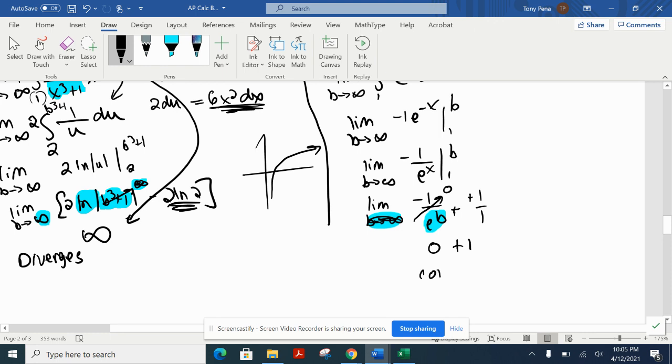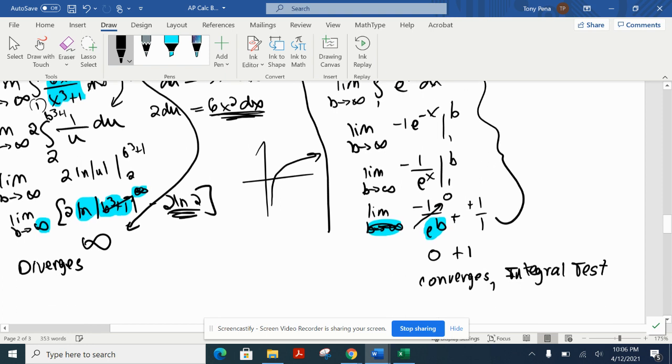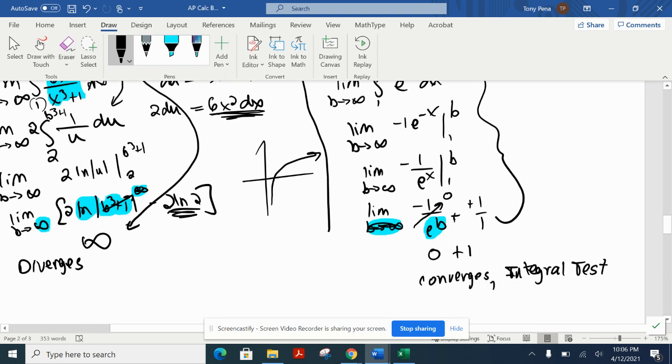So overall, this would converge. When you justify these, all you have to do is put the integral test, assuming that you've shown all the work. So as long as all of this is here, that would verify that you actually did the integral, then you can just state that's the test that we used.